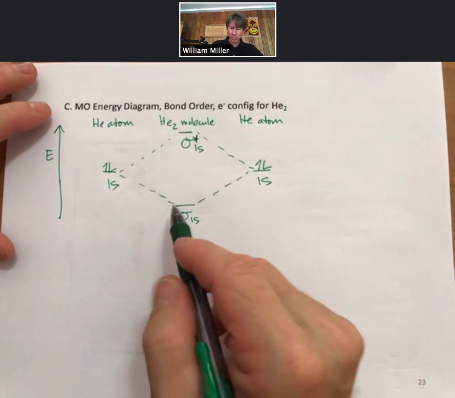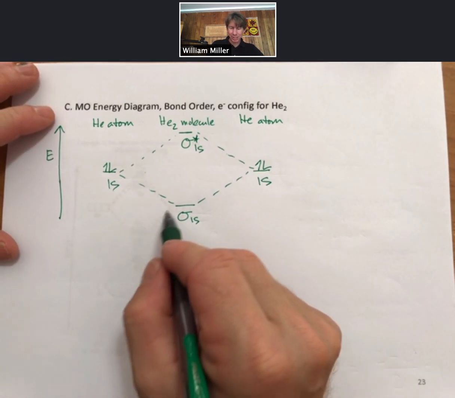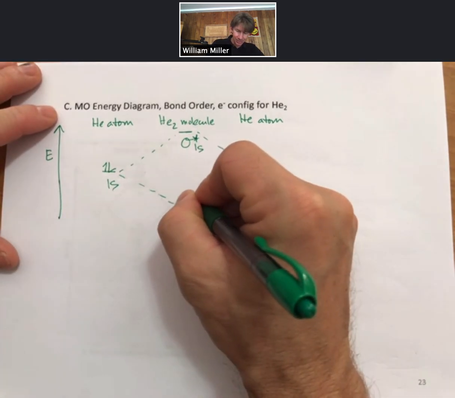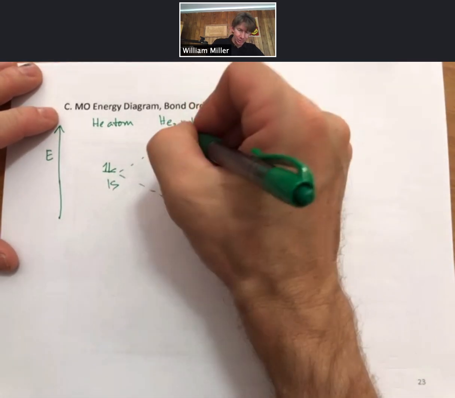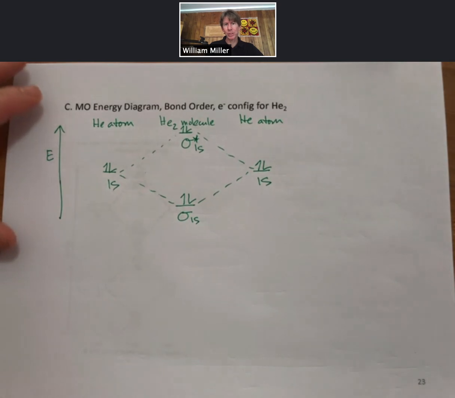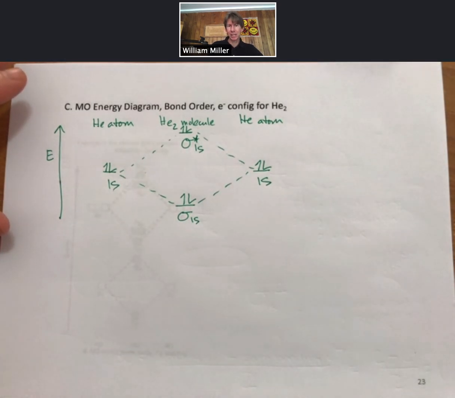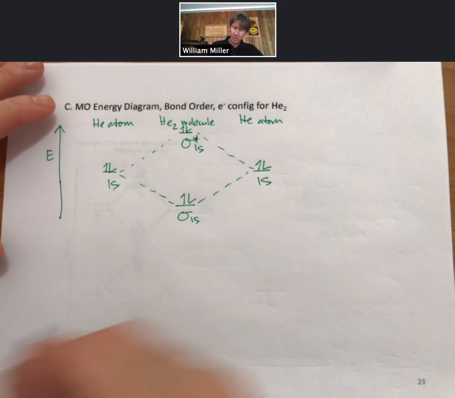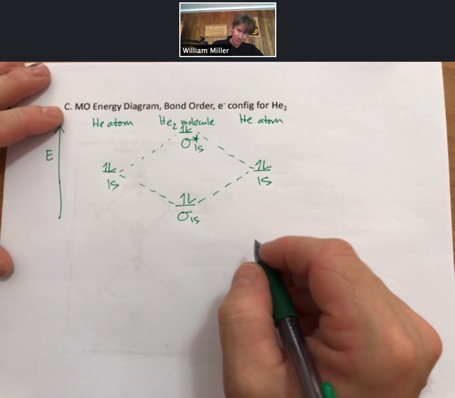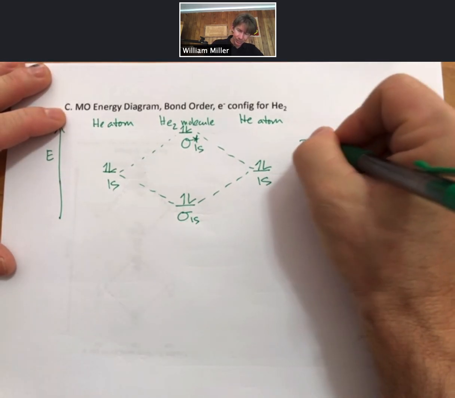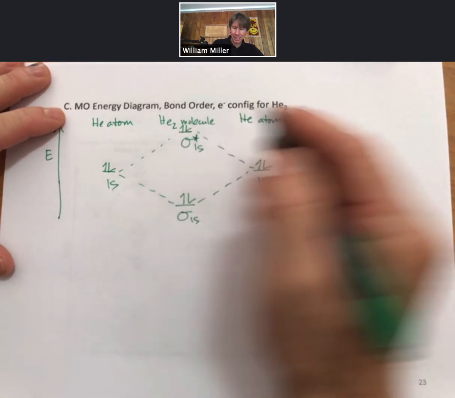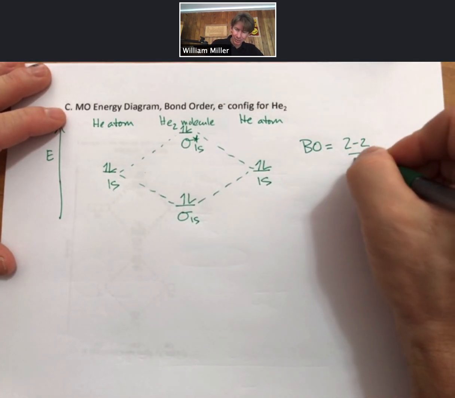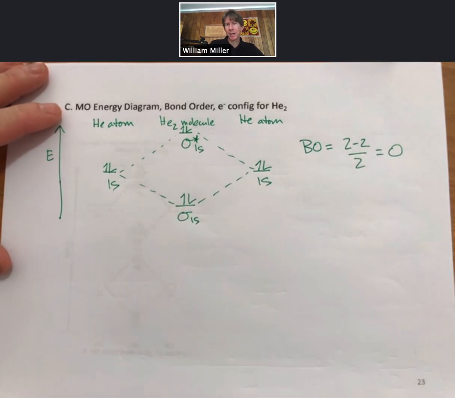And this time, when we place the electrons in, we still place them in the lowest energy position first. 1, 2. But we have 4 total electrons, and so we do fill the anti-bonding molecular orbital. What that means is when we calculate our bond order, which is bonding electrons minus anti-bonding electrons divided by 2, we get a bond order of 0.